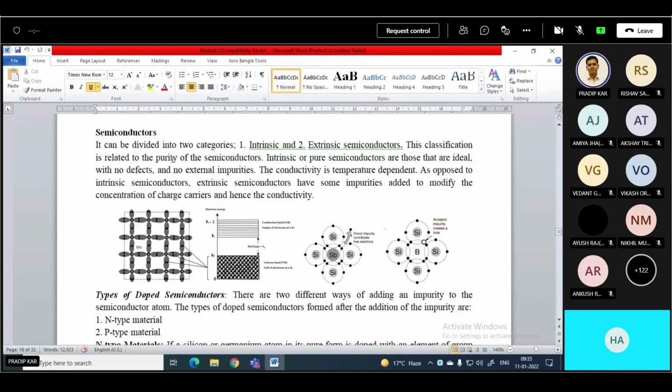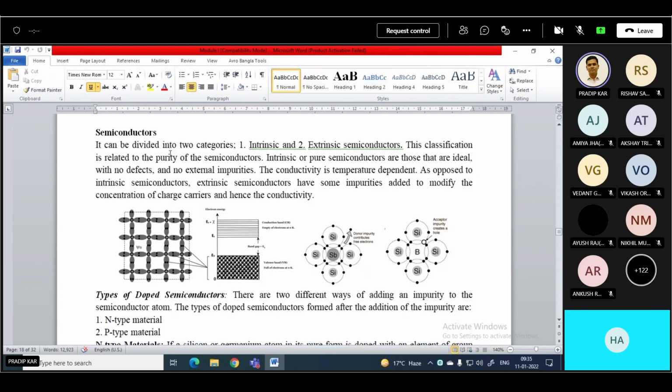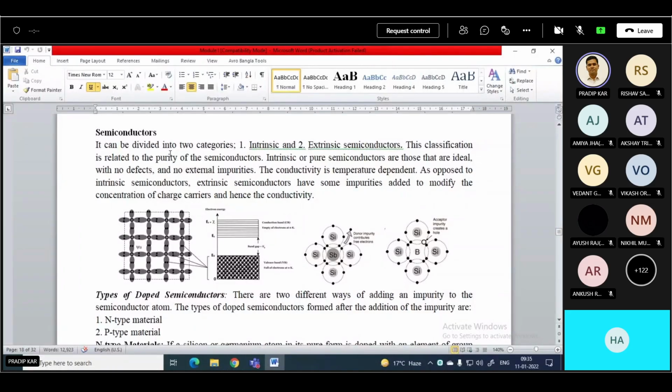We already know the classification of conductor, semiconductor and insulator.